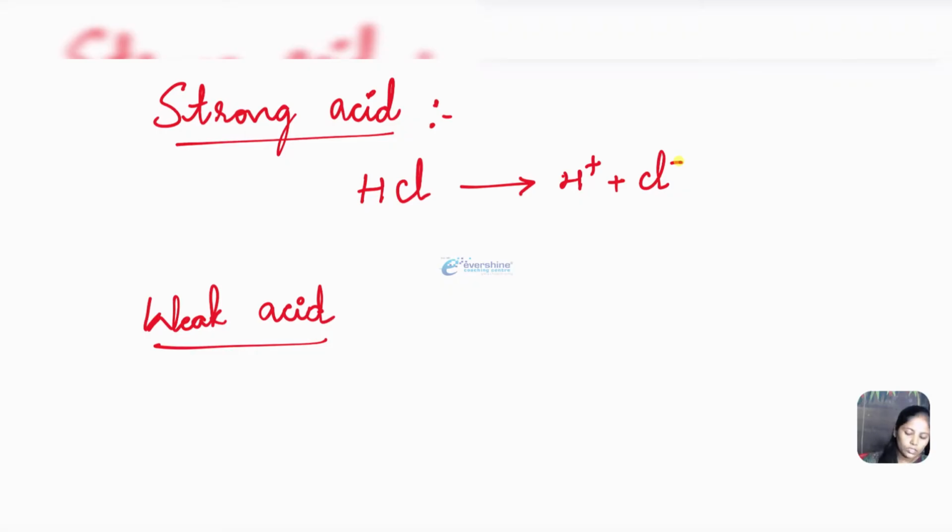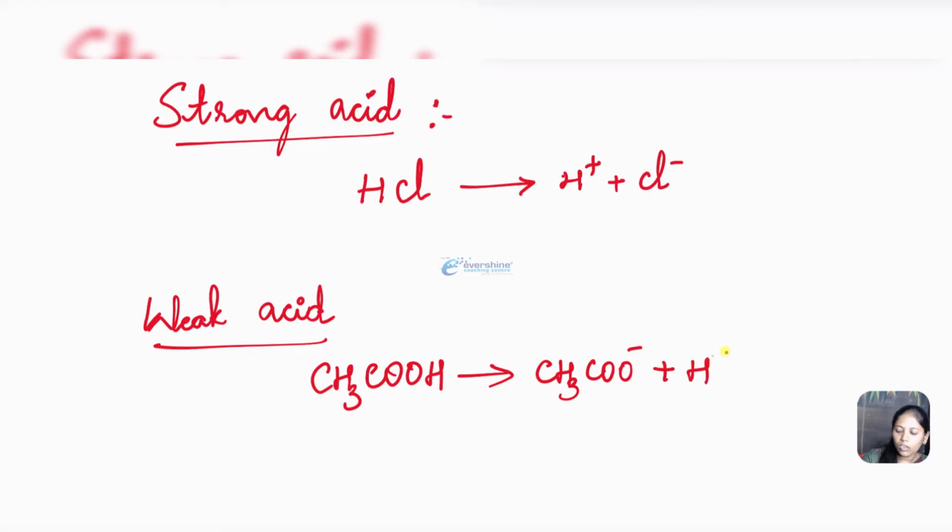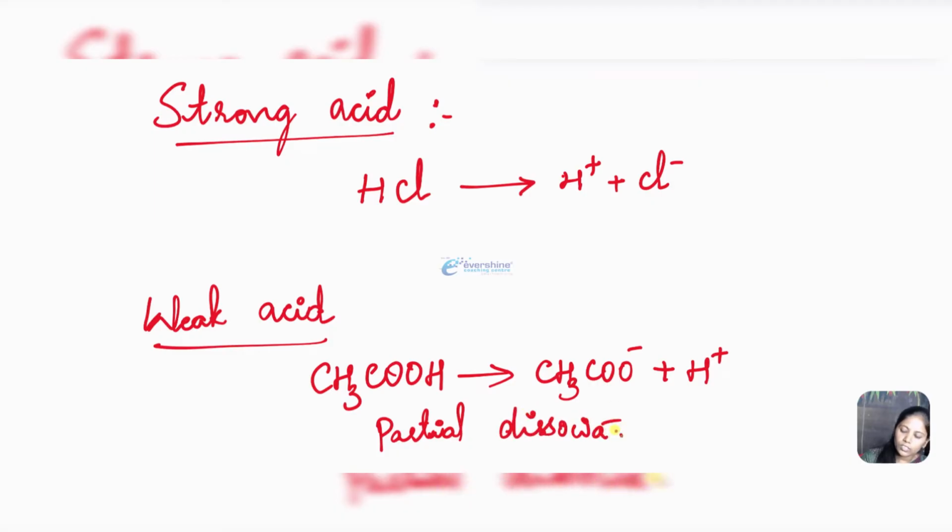So what do you mean by weak acid? Weak acids are those acids which do not completely dissociate into ions. Only partial dissociation takes place.